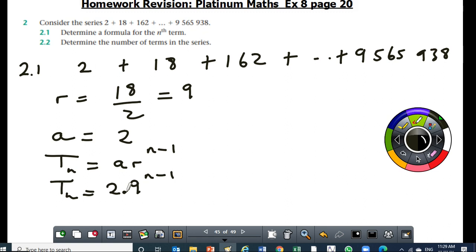Never do that. So you leave your answer like this. So I found the nth term or the general term of the geometric sequence from the geometric series. Please take note of that.